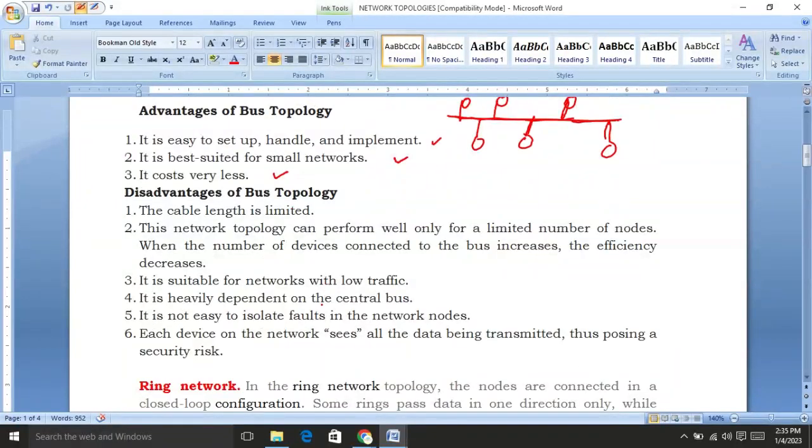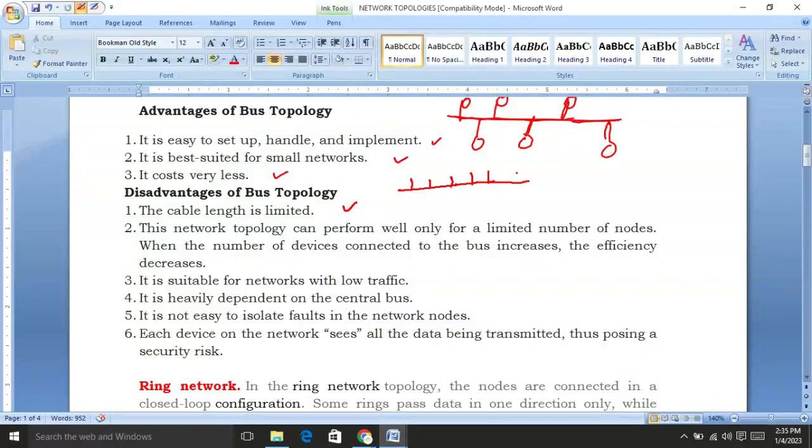But what are the disadvantages of the bus topology? It is suited only for small networks. Suppose 3 to 4 systems, or below 10 or 20 systems, it is suited. This network topology performs well only with a limited number of nodes.